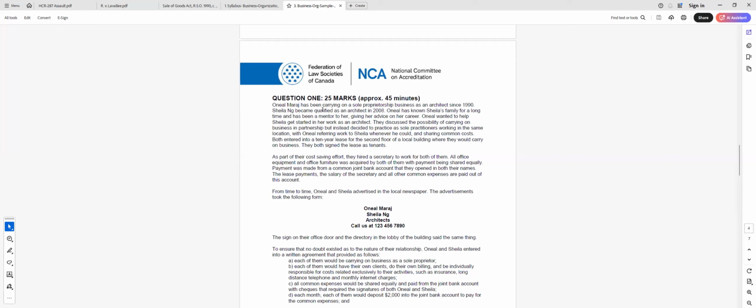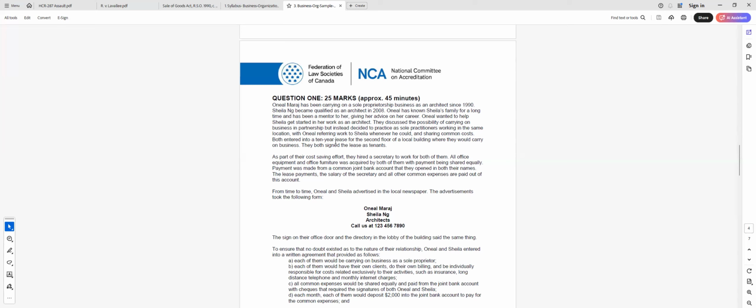Here it is visible that O'Neill has been carrying on a sole proprietorship business as an architect since 1990. Sheila became qualified as an architect in 2008, and they discussed the possibility of carrying on the business in a partnership, but instead decided to practice as sole practitioners working in the same location, with O'Neill referring work to Sheila whenever he could, and sharing the common costs.